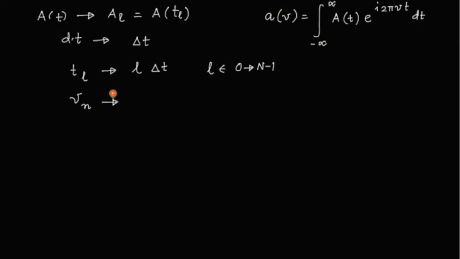This is n and t into capital N. Small n belongs from minus n by 2 to plus n by 2.